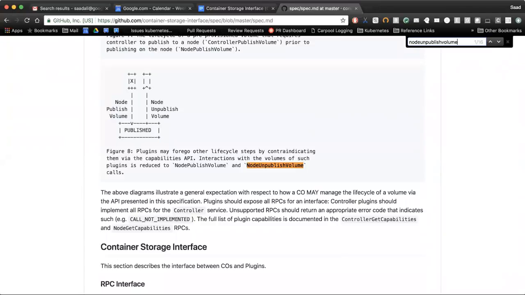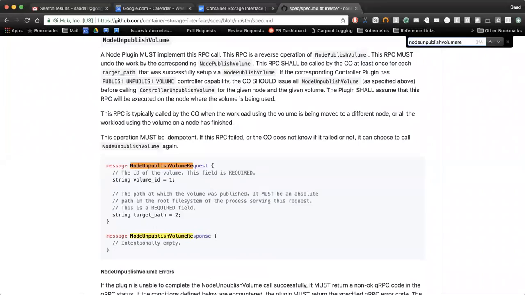So mounting could require credentials, but unmounting probably doesn't. The credentials on the mount side are things like what you should use to decrypt a volume. But on the controller unpublish side, there may be some sort of credentials required for the control plane operation. I believe that was the reasoning. I forget if we didn't end up adding secrets here.